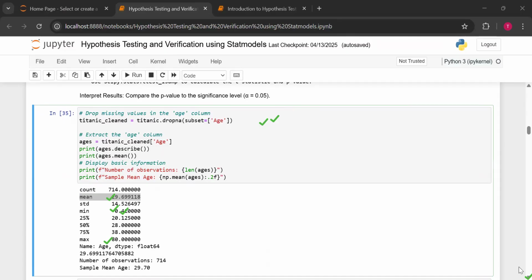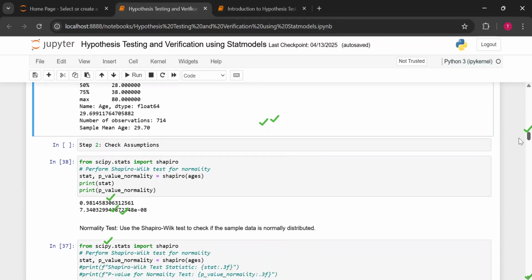So we can make some progress now. We check the assumptions. We can check one of the assumptions, just one: Shapiro. We are doing this in SPSS as well.